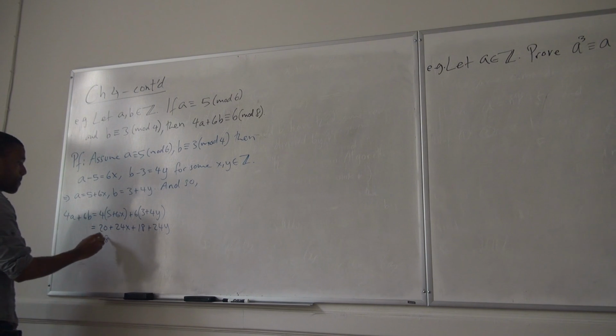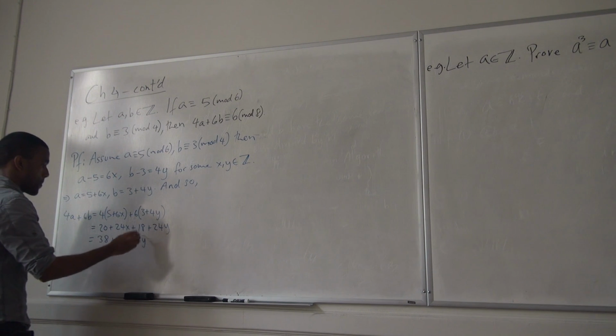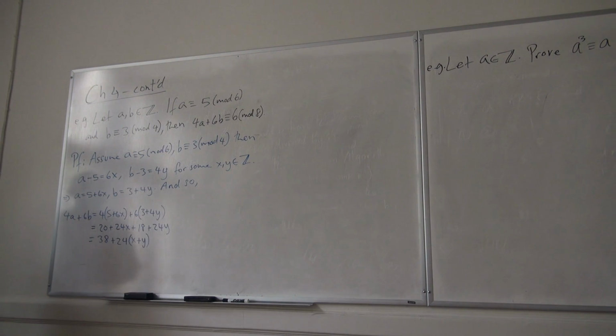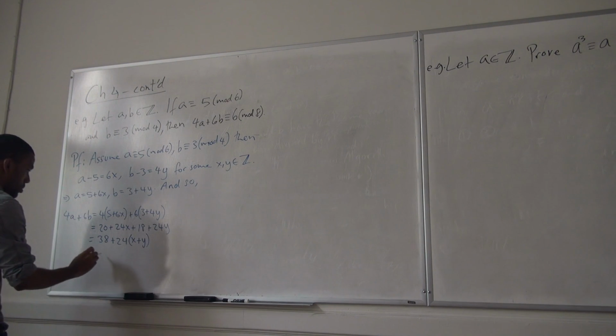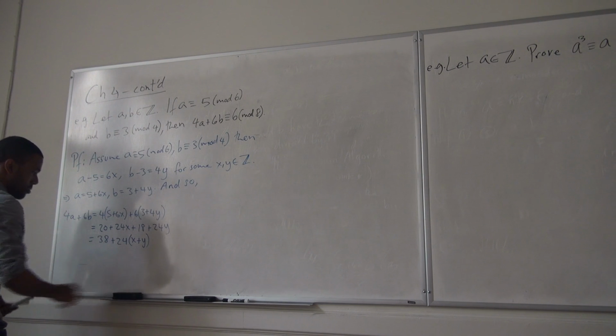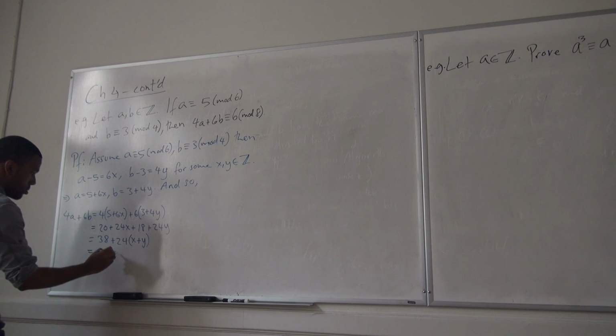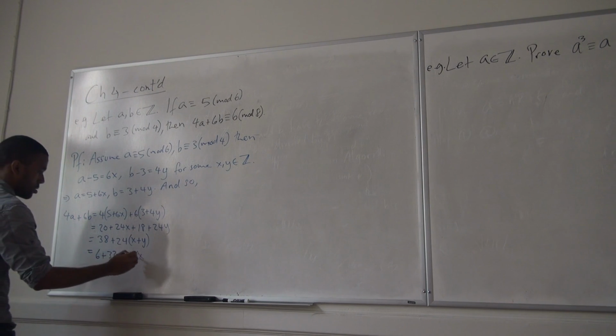38. Separate 38 into 6 and 32. So 6 plus 32 plus 24 times x plus y.